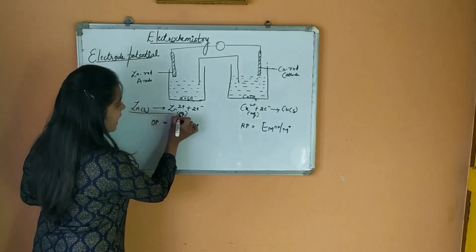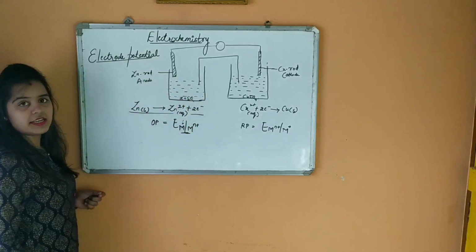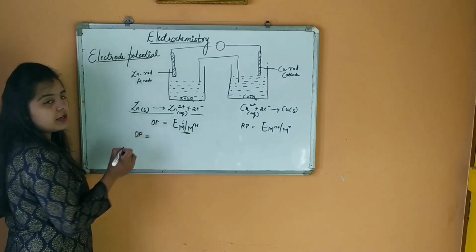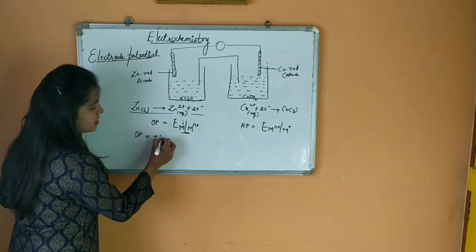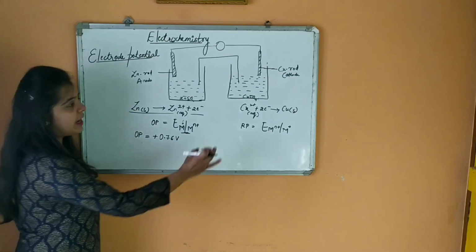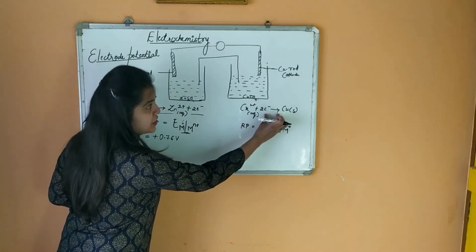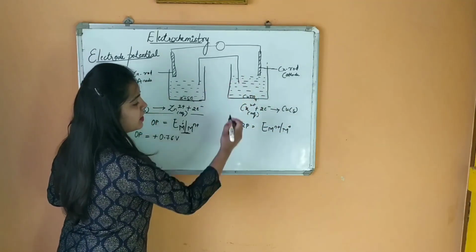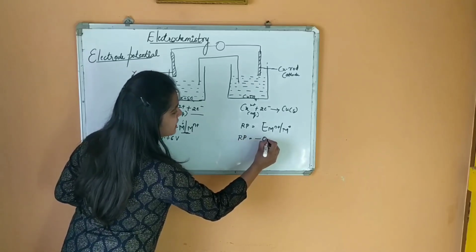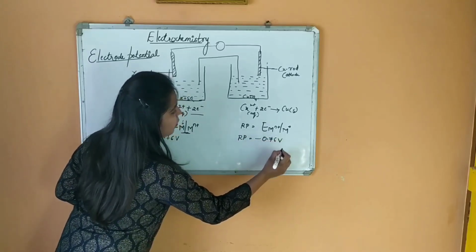Students, for this reaction in Daniell cell, the oxidation potential measured was plus 0.76 volt. And for this reduction reaction of the Daniell cell, the reduction potential measured was minus 0.76 volts.